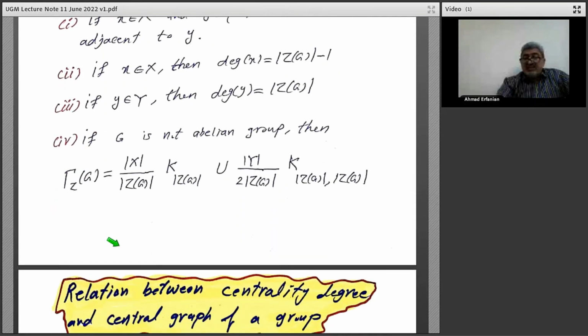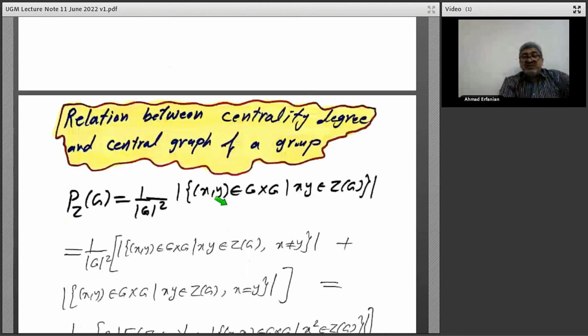And here is the structure of the central graph, which is the union of some complete graphs of size the order of the center, and some copies of complete bipartite graphs with the same size in each part.